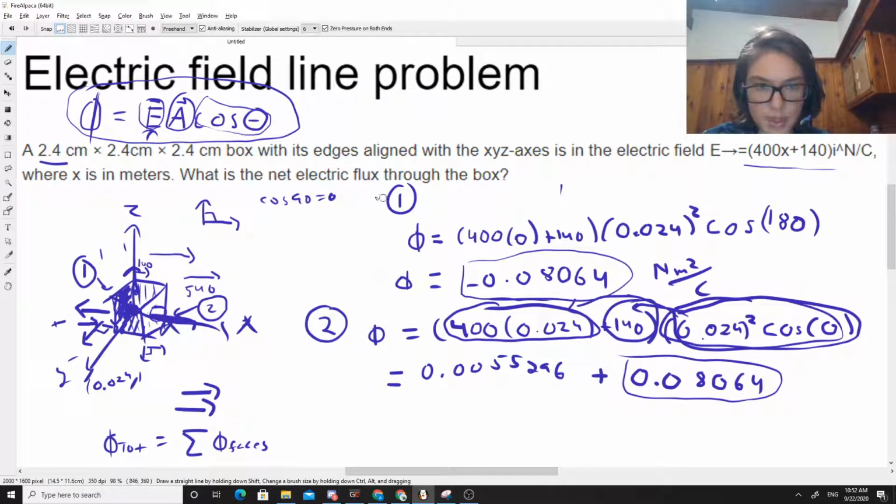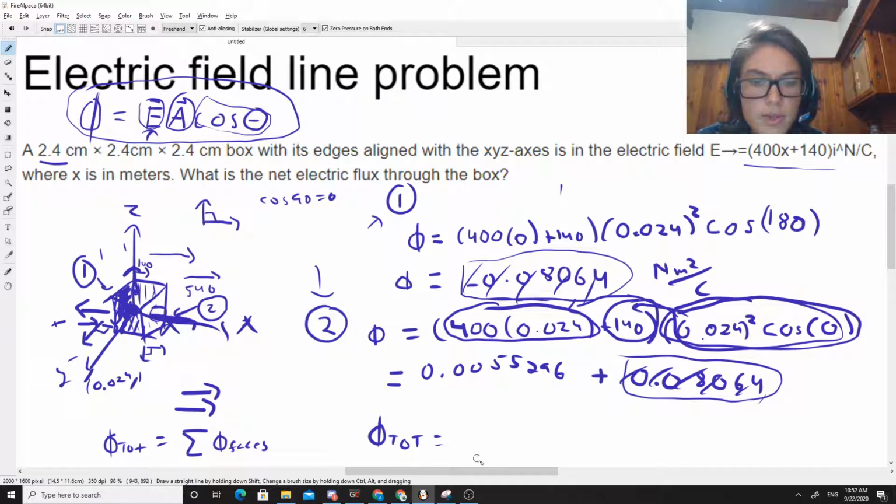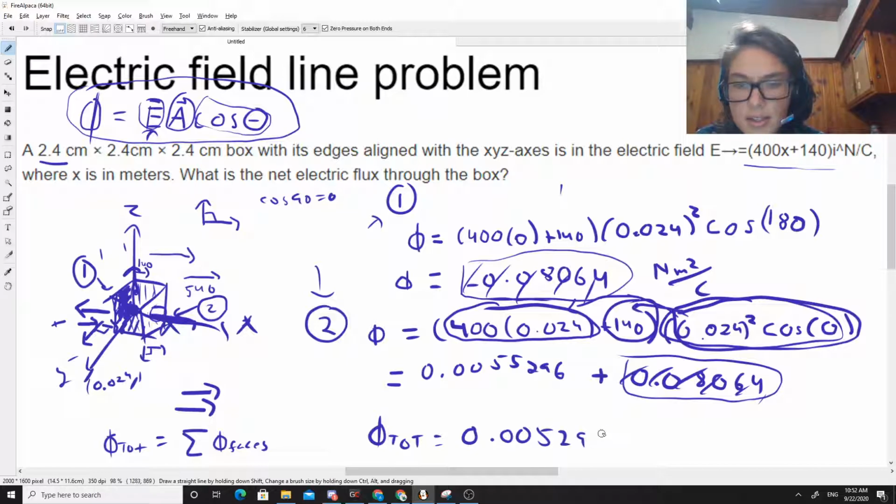It's just 1 plus 2. And these two numbers cancel out, the 0.08064 numbers. And you're left with your total electric flux for the whole cube equal to 0.005296 Newton meters squared divided by coulombs.